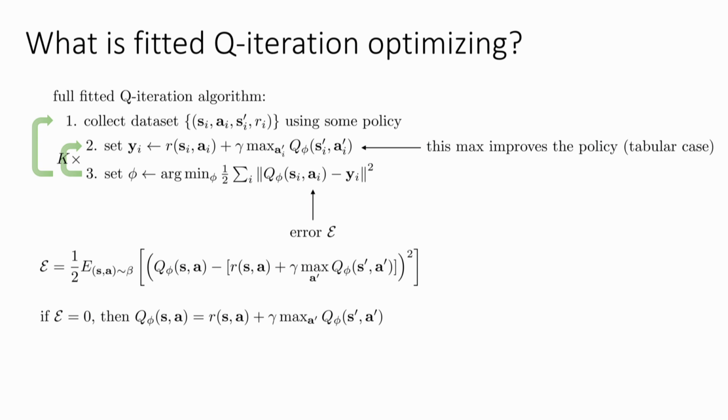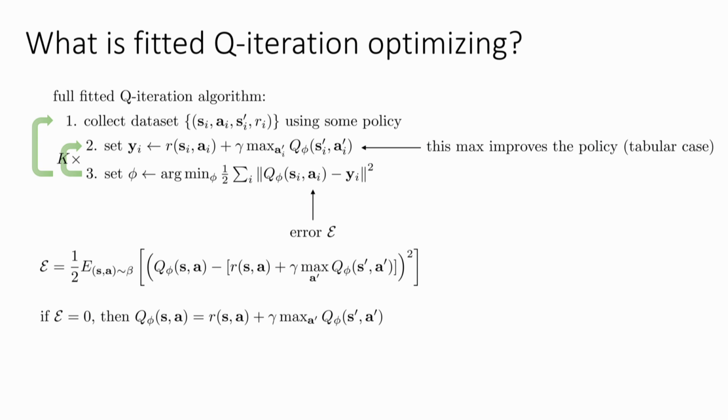It means that when you evaluate the Q value for the argmax policy, you get the value that you already have, which means that your policy cannot be made any better. Remember that when you do the argmax policy, it makes your policy at least as good as the previous one. If the left-hand side is equal to the right-hand side, that means that the argmax policy is equal in value to your current policy, which means that it can't get any better.